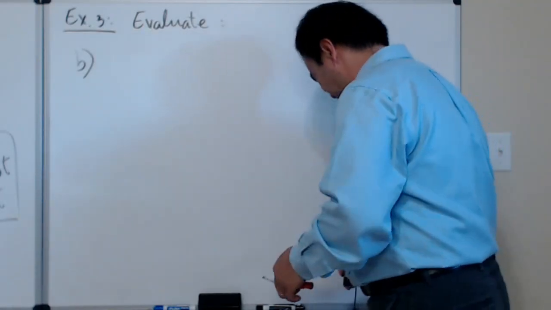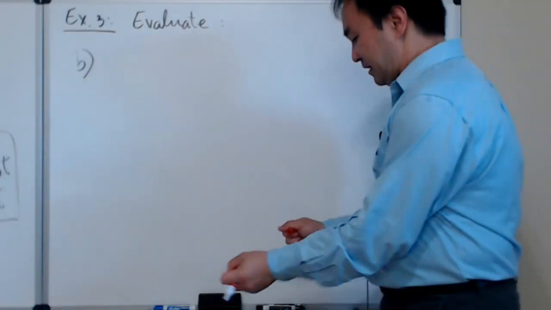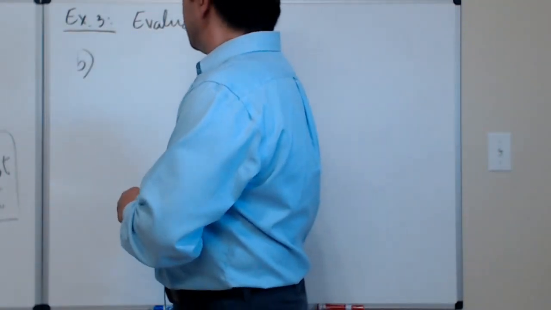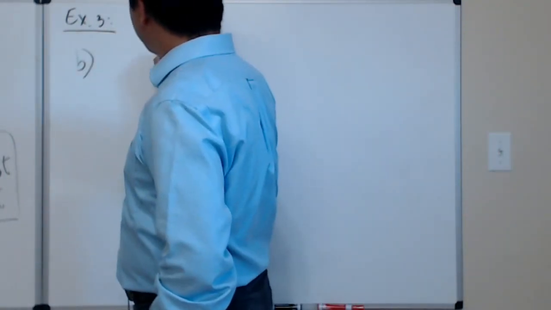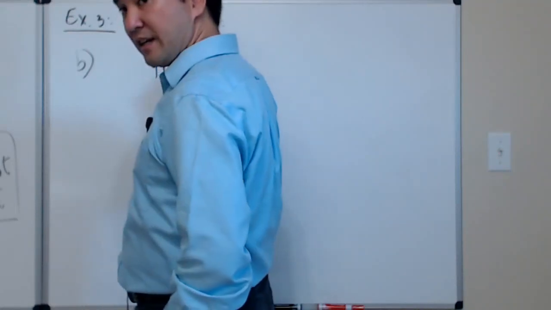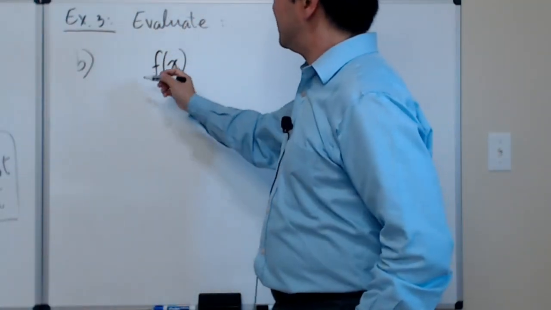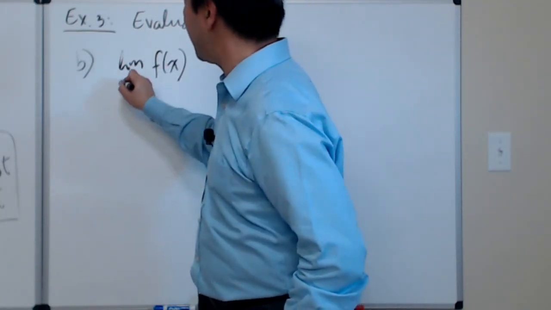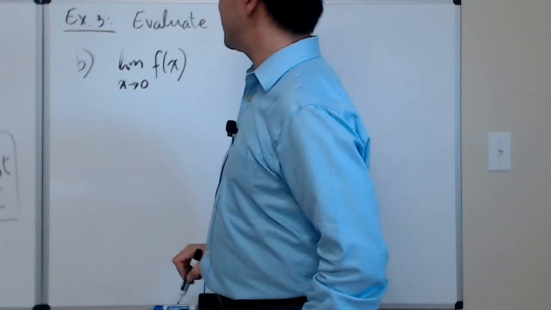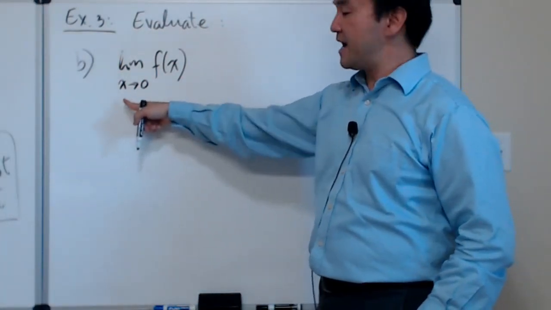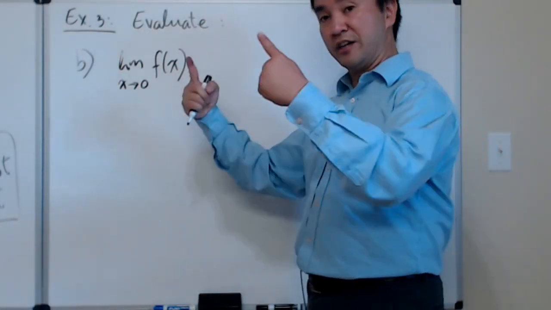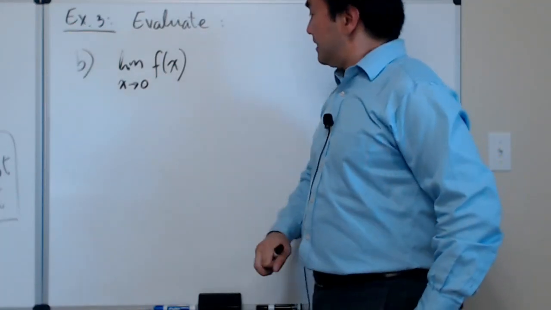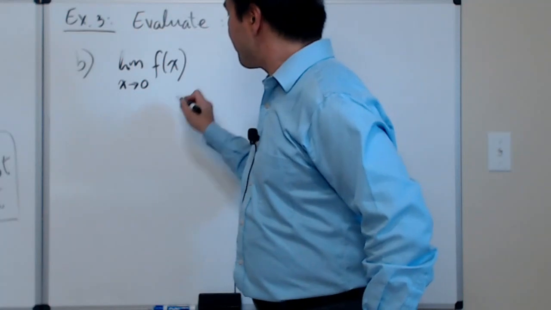We have a given function, and I'll be writing down the function shortly, but we want to evaluate the limit of this function as x approaches 0, or x is getting close to 0, generally from both sides. You can see again that there is no superscript indication. Okay, and here's our function.